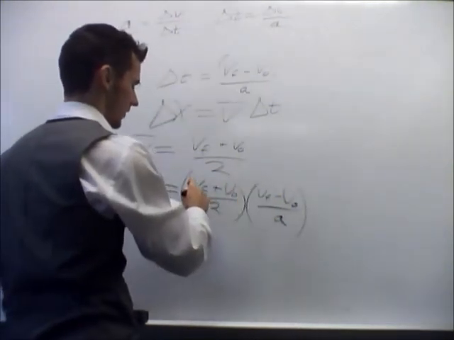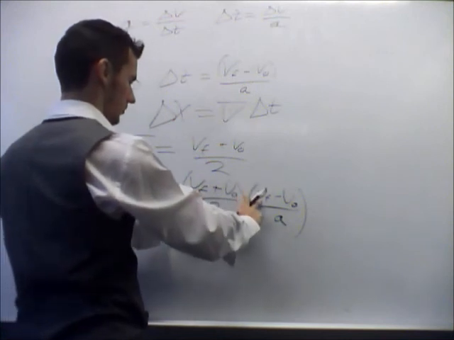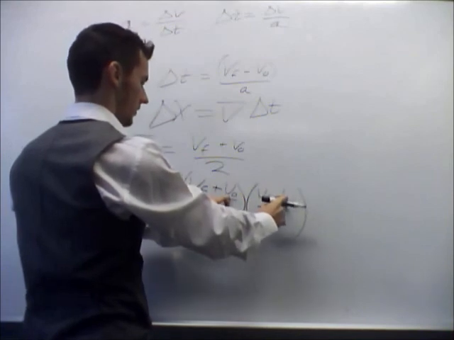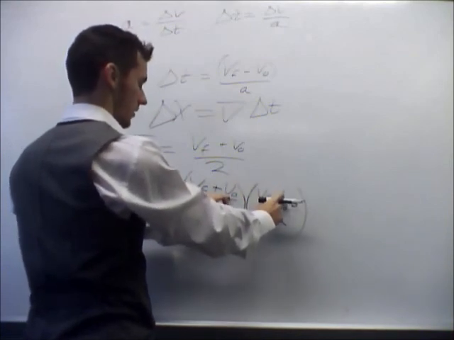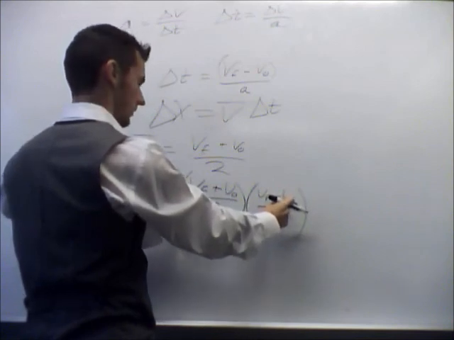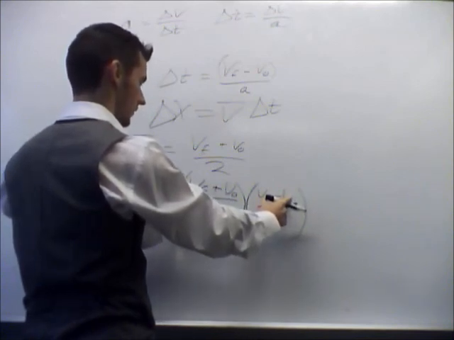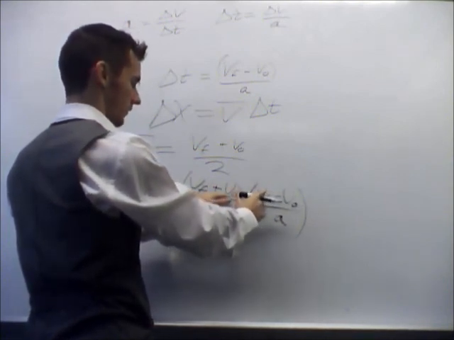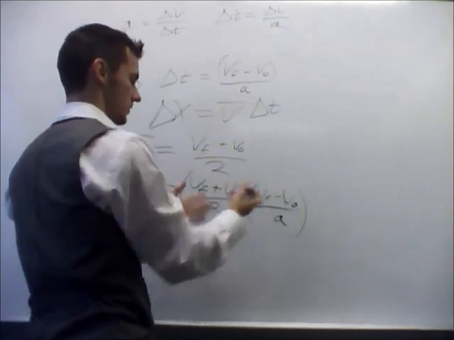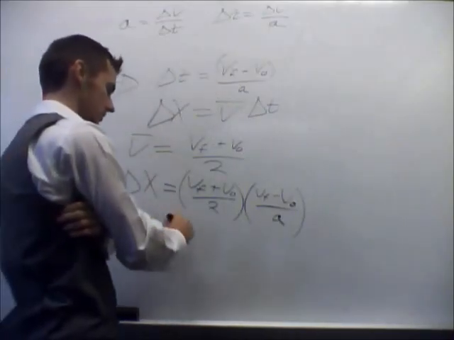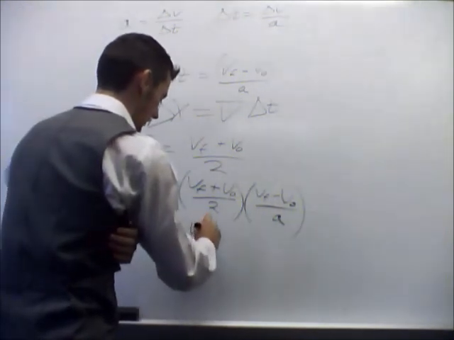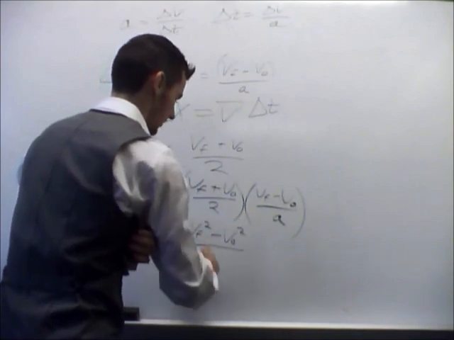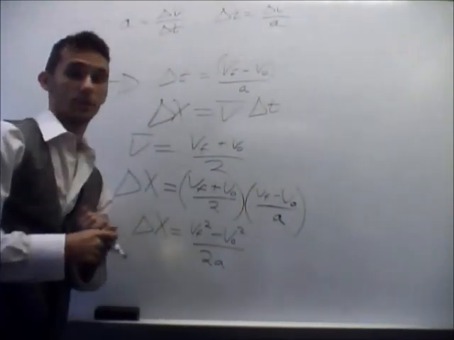If we multiply these two together, we're left with Vf squared, and if we multiply these two together, we're left with V0 squared. When we do the outside terms, we're left with negative Vf times V0, and if we do the inside terms, we're left with positive Vf V0, and those two will cancel out. So change in x is equal to Vf squared minus V0 squared divided by 2a, and that is your final kinematic equation.